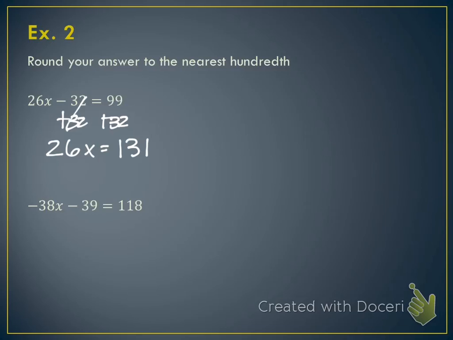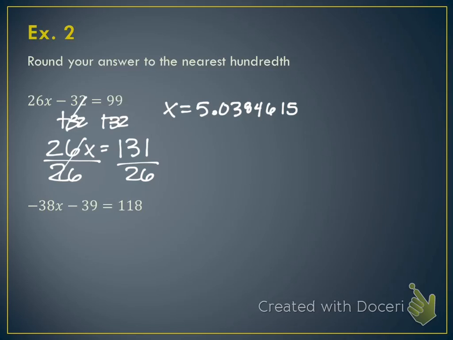Now, Noah, what am I going to do? Divide by 26 on both sides. Exactly right. So we're doing the exact same thing that we're used to doing. Now, this is where it's going to get a little bit different. What is 131 divided by 26? Bailey? It is 5.03845, and the 384615 is repeated.